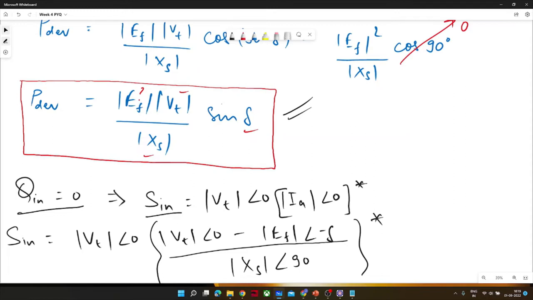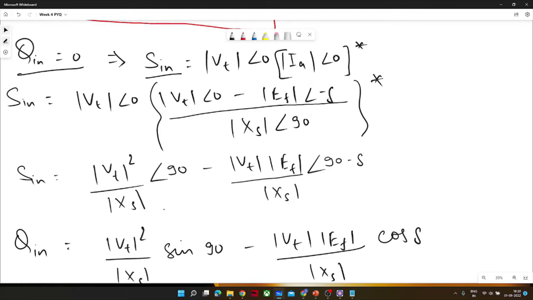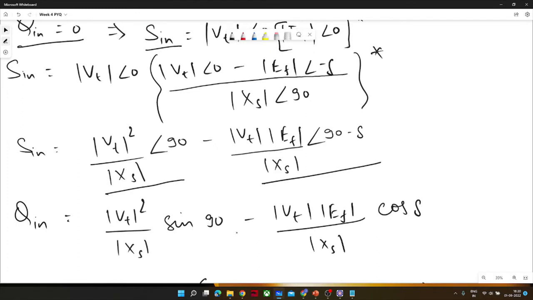If we want to calculate input reactive power, I again went to the conventional expression, Vt angle 0 times I angle 0 conjugate, that is Vt IA conjugate. I equated that in complex form and again broke it into two components. This time I need reactive power, so I take the sine component, multiplying with sin (90 minus delta).